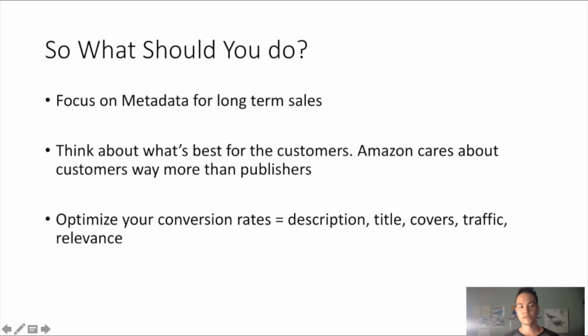Yeah, so let's go to the next slide. So what should you do with this information? You want to focus on metadata for long-term sales. So again, the title and the subtitle have to make sense, right? You don't want to keyword stuff weird keywords in your subtitles. And even in the 7 keyword categories, just because those keywords are profitable doesn't mean you can put anything in those 7 keywords.